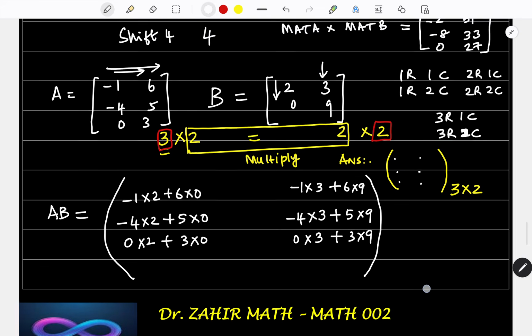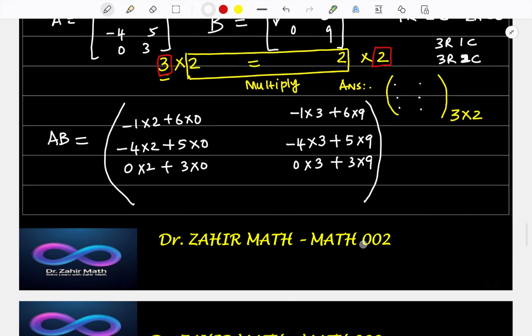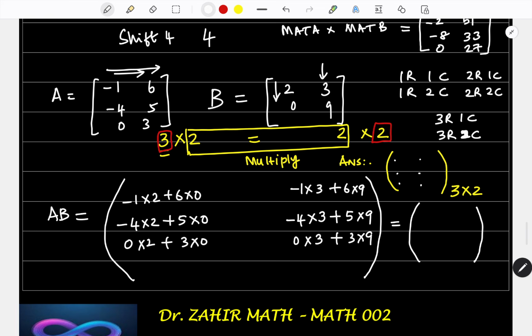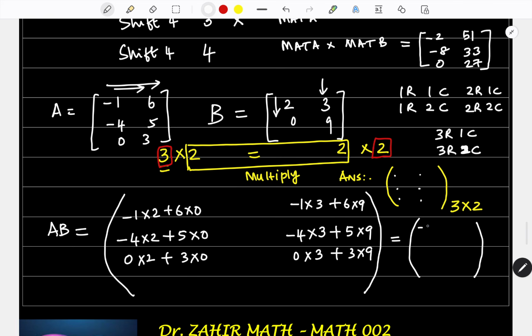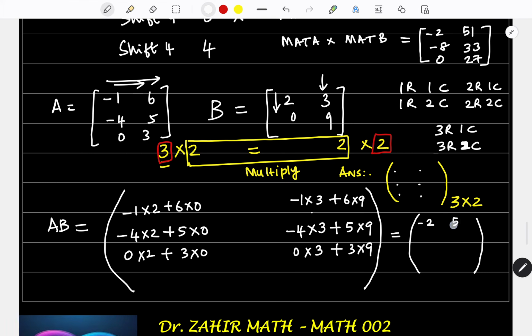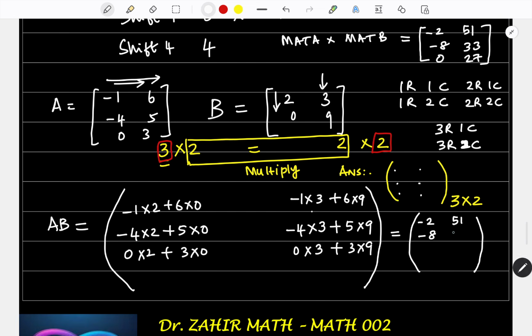Okay, so let me simplify this. You can put it in the calculator. -1 times 2 is -2, and 6 times 0 is 0, so that is -2. Next, -3 plus 6 nines, 54, which becomes 51. Next is -8, and then -12 plus 9 fives, 45, which is 33.